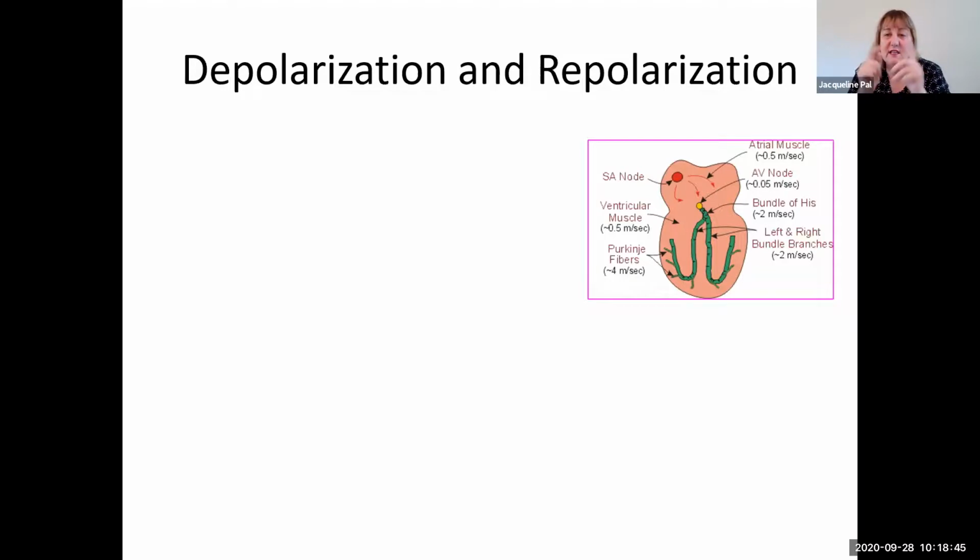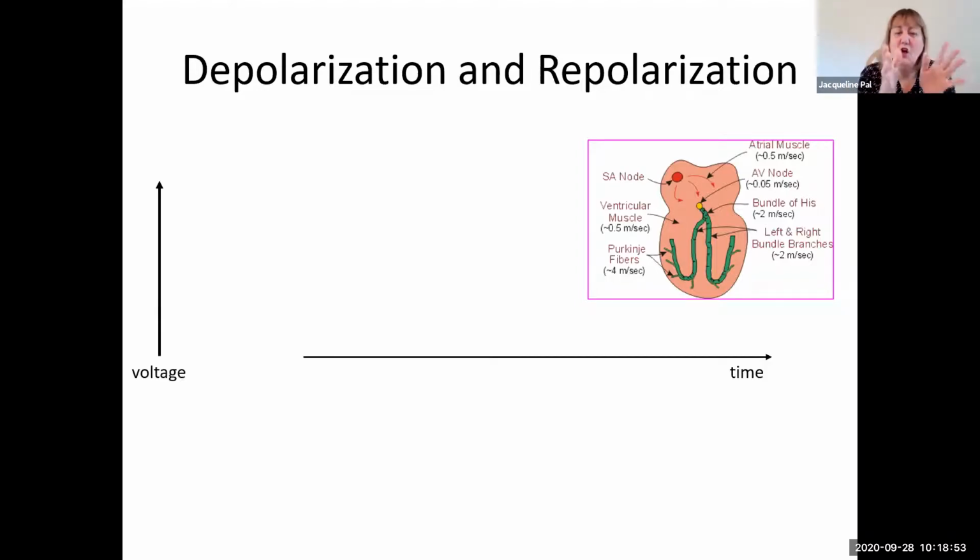Realize that depolarization is going to go towards the apex, and then it's going to go away from the apex in the ventricles. Looking at the EKG, an upward or positive deflection from the baseline, how far it goes represents how much voltage is happening.